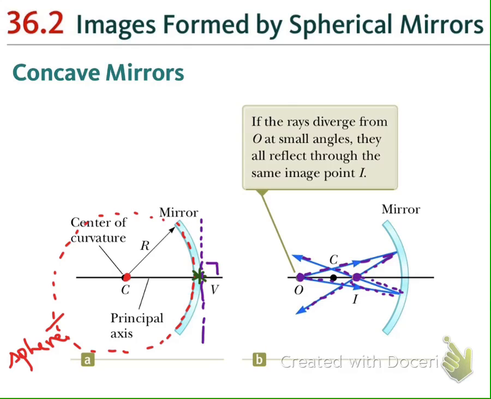It may be the real intersection point, or it may be the point where the light does not really intersect, but if we trace back the path of the light it intersects somewhere, and we call that the position of the image. Okay, so it is the same principle as in the flat mirror, and we can calculate the position of the image by finding the intersection of the light rays that reflect back from the mirror.